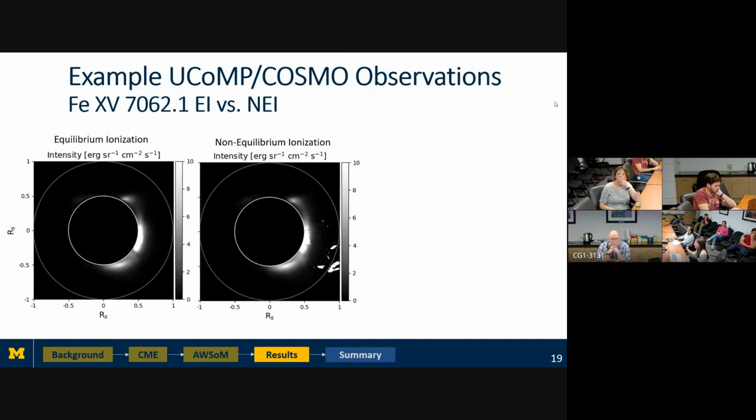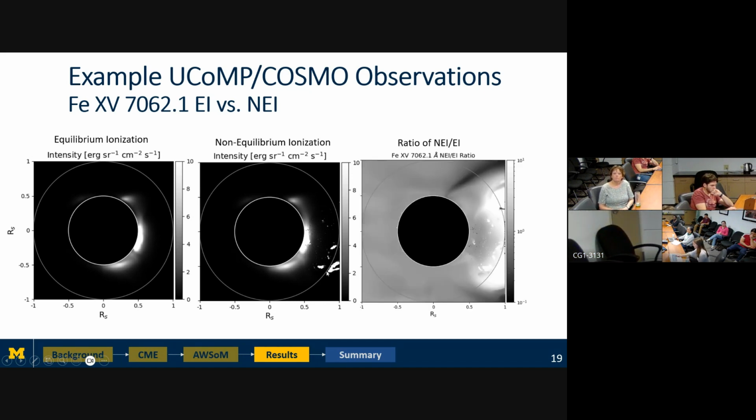But to really drive the fact home that we need non-equilibrium ionization when we synthesize these things, here's the equilibrium ionization solution and the non-equilibrium ionization solution. Again, ignoring some of these structures right here. When we actually take the ratio of the two, we see a significant number of differences where the flux rope is expanding.